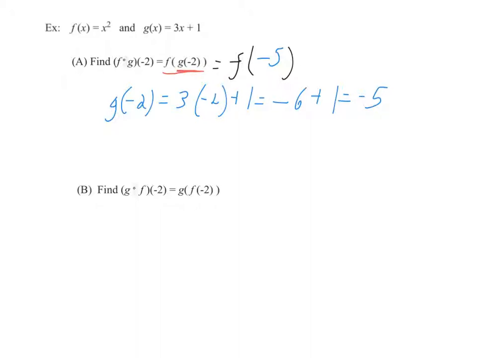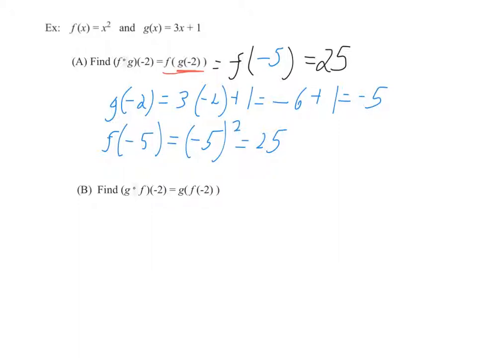To finish this, I need to figure out exactly what f of negative 5 equals. Now f of negative 5 will be negative 5 squared, or 25. Okay, working our way from the innermost parts outwards.